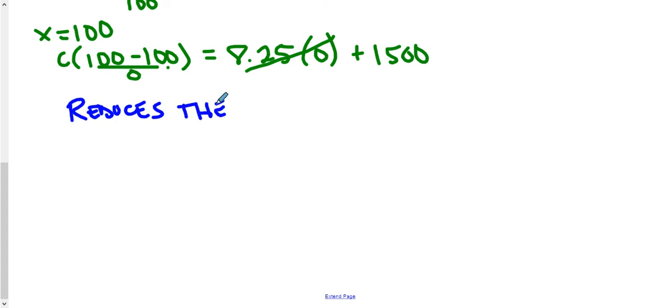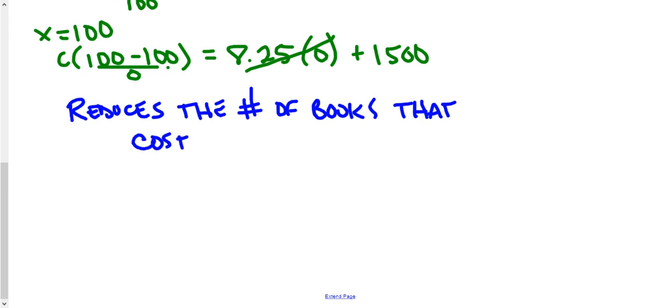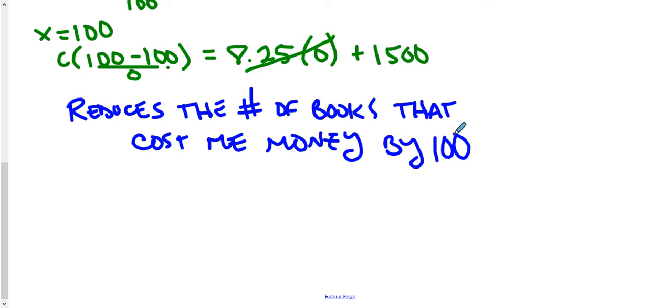Remember that X was the number of books that cost me money. And specifically, it reduces it by 100. So it effectively means the first 100 books are going to be free, essentially, okay?